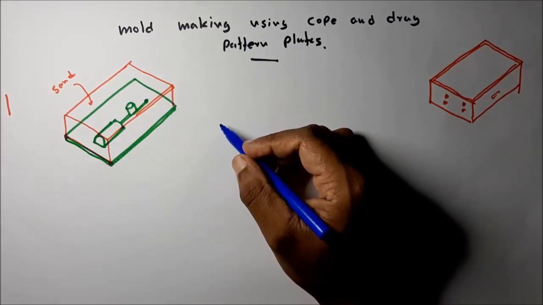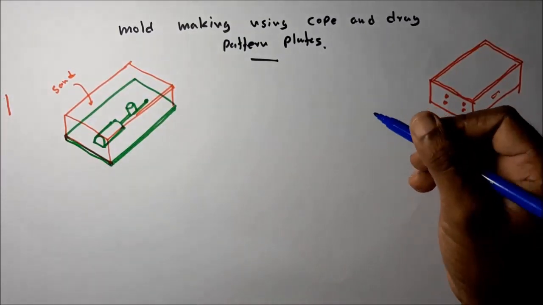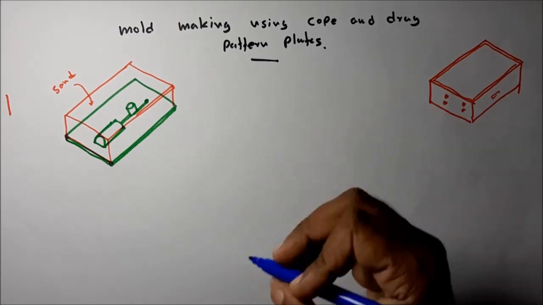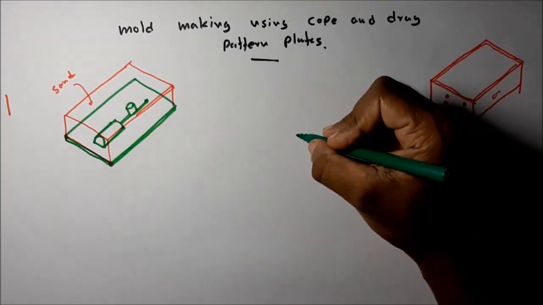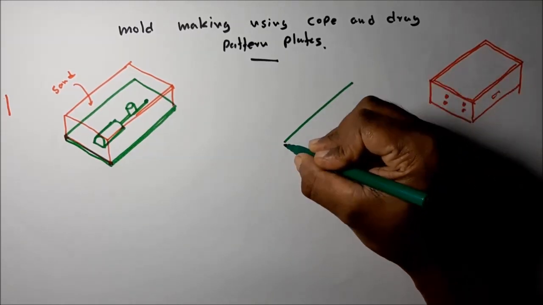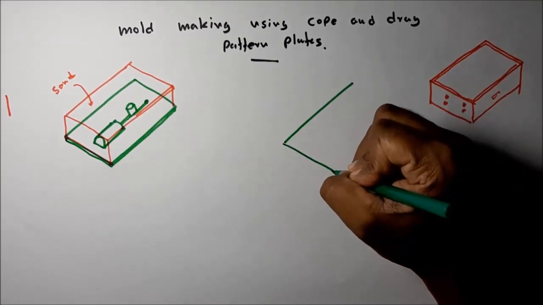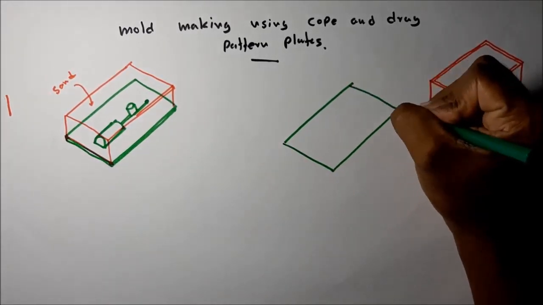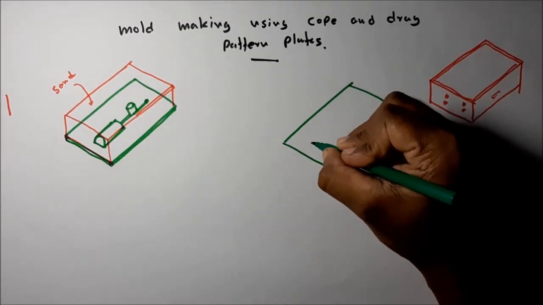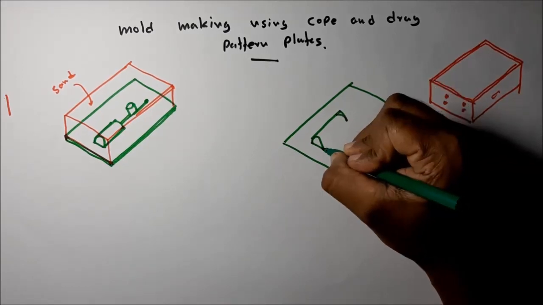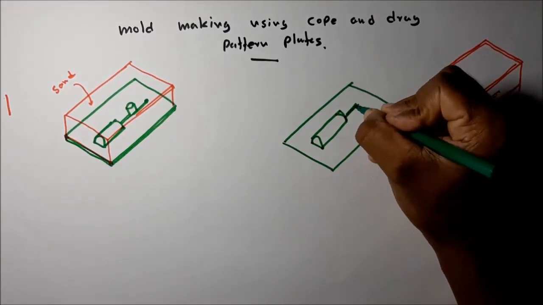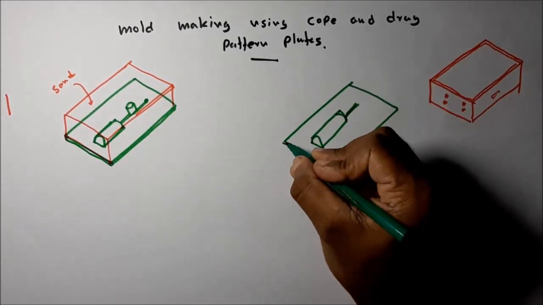Same as by taking the drag part. Let's take the drag part separately. We do the same thing for the drag part. This is the runner, this is the product area.